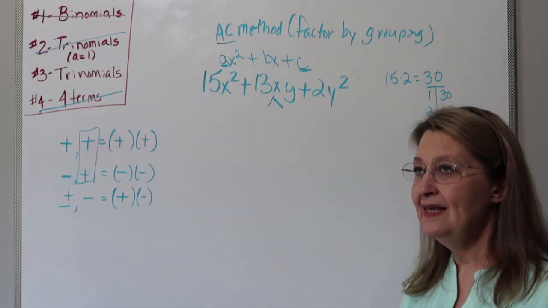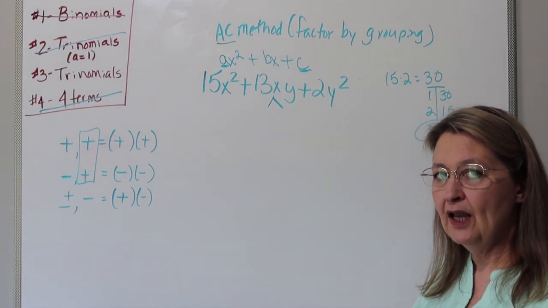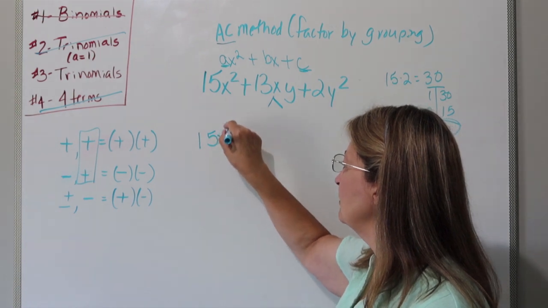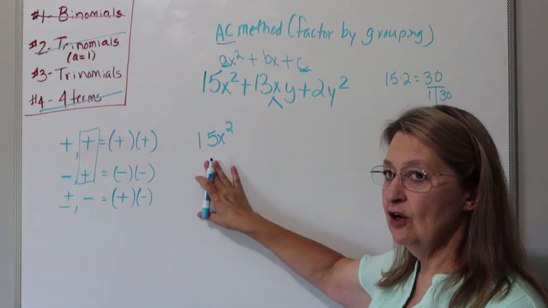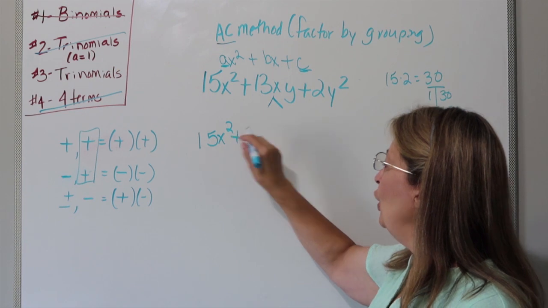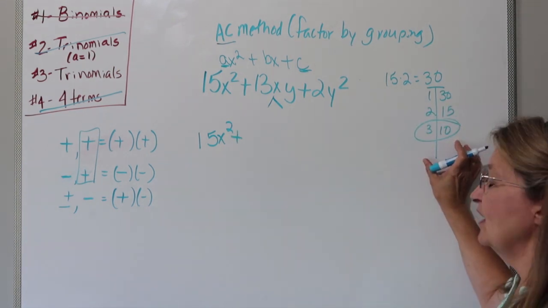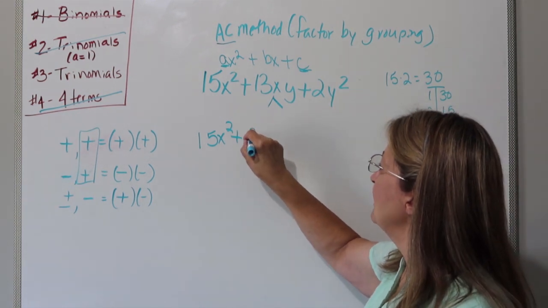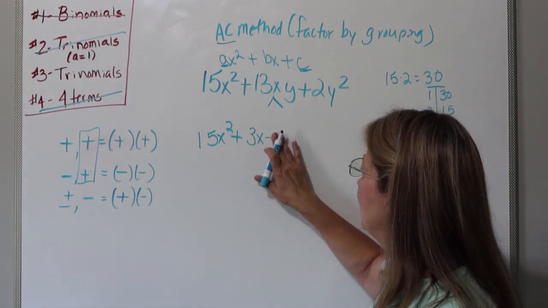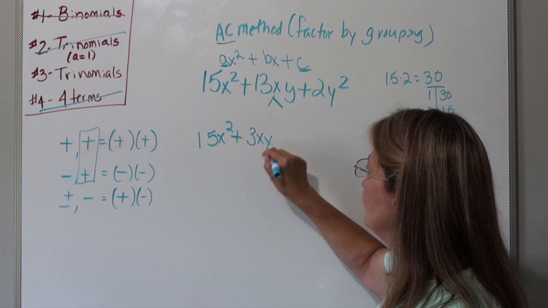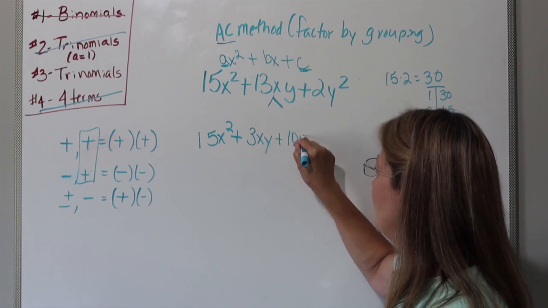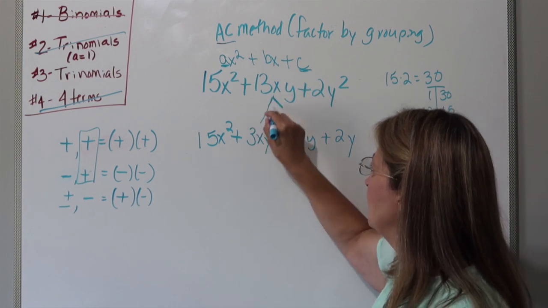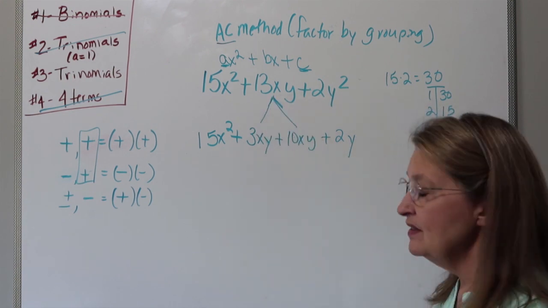We're going to make it a 4-term polynomial by changing that middle term. We're going to leave the first term just like it is. We're going to take these two factors that we found over here and rewrite this middle term as 3xy plus 10xy plus 2y squared. Now you see, that's still the same.